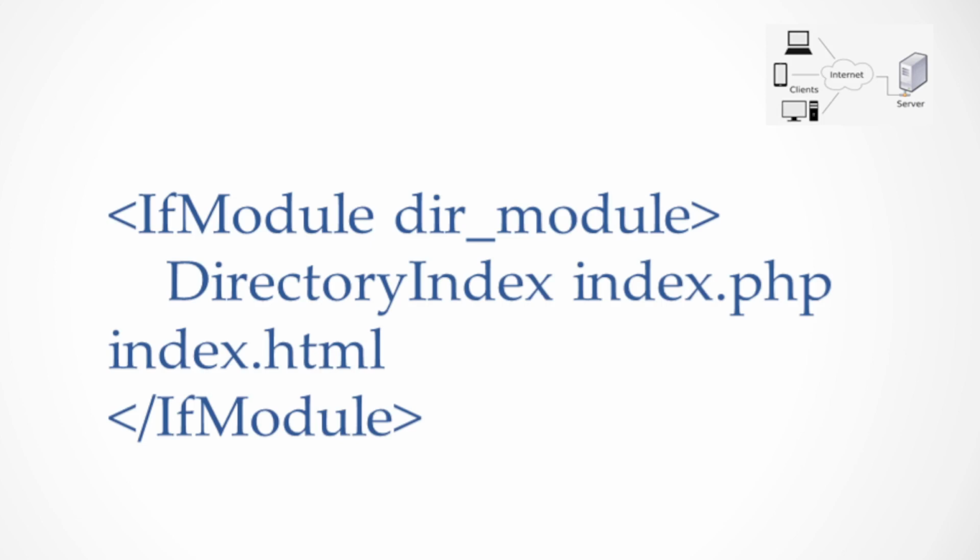You open this file using a text editor, then change this particular directory index module, and you can also save and update this file using your command line, and then the URL will be redirected to the index.php file instead of index.html.